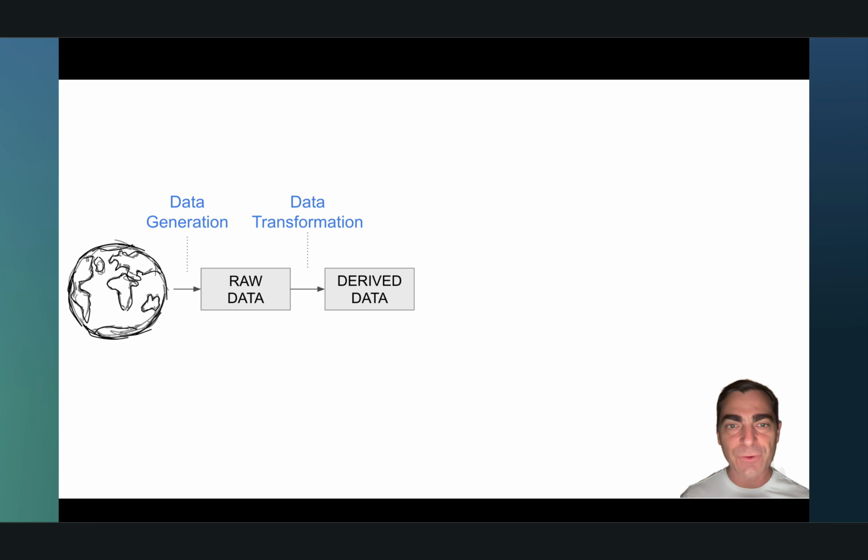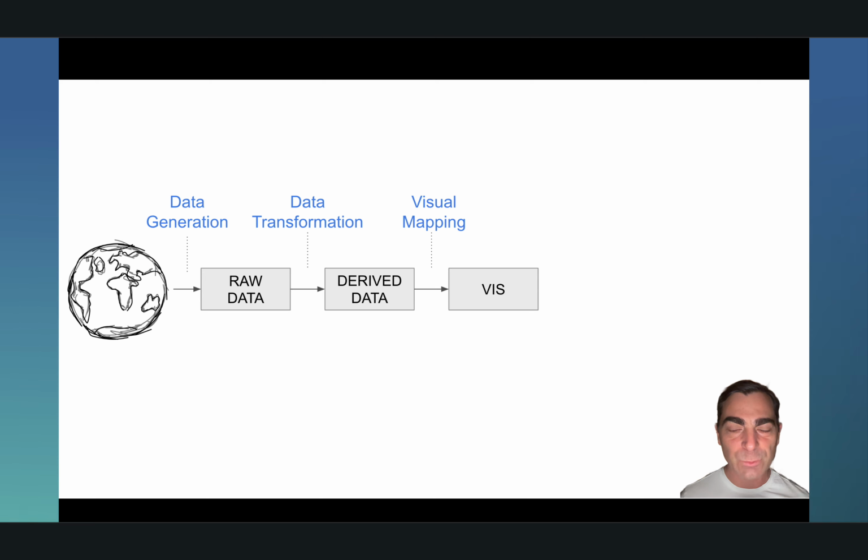So we transform the data in order to extract the information that eventually we want to visualize. So this means that we have a lot of leverage in transforming the data and extracting out of it the information that we need. Then we have what we call visual mapping, or sometimes also called visual encoding. That is the actual step of taking this information and mapping it to visual representations.